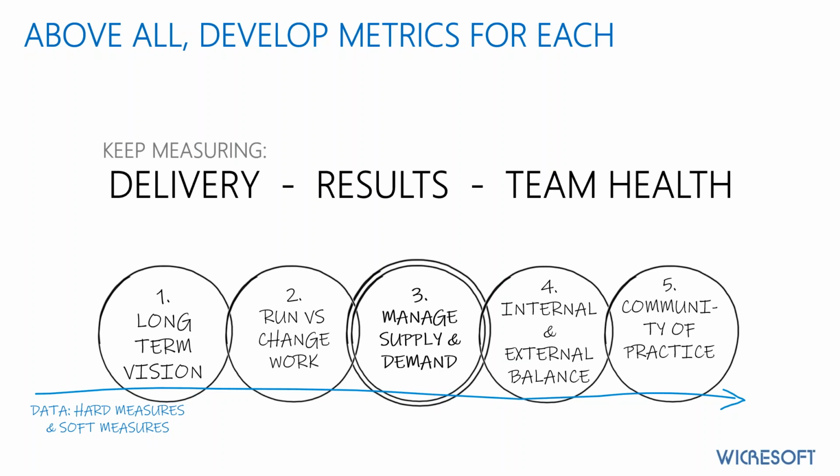So even if you as a project organization, as a PMO, are not fully in control of these, you can still help out by creating metrics and data for everything. And by that, I mean measuring delivery performance, measuring the business results and outcomes of things, but also measuring team health. Very important.